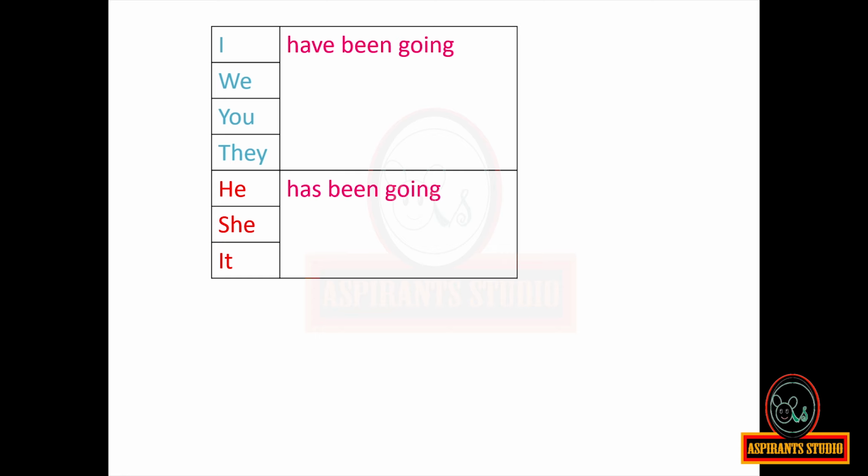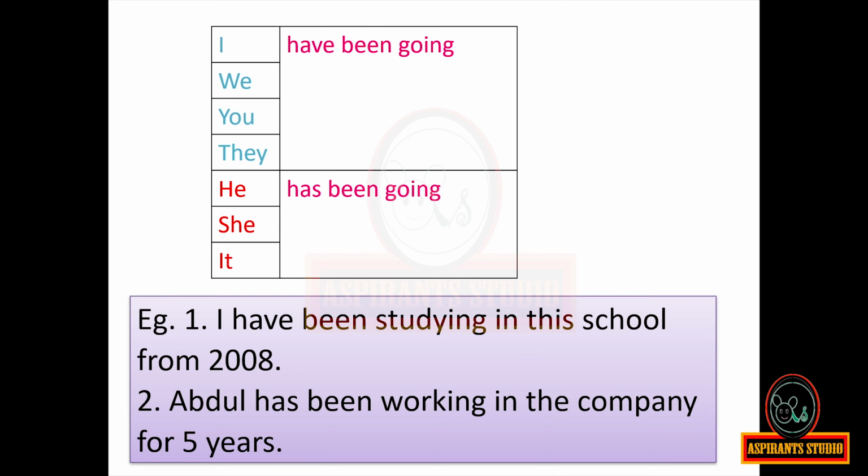In present perfect continuous tense, for third person singular, we use has been going. For all other subjects, we use have been going. Example, I have been studying in the school from 2008. Abdul has been working in the company for 5 years.